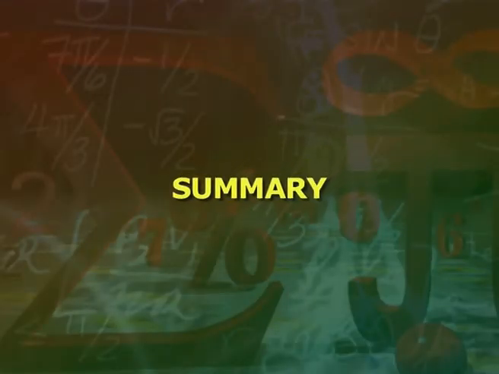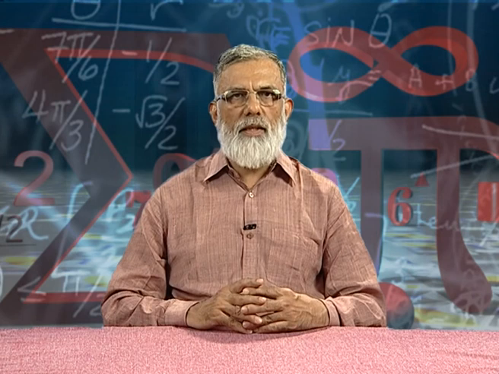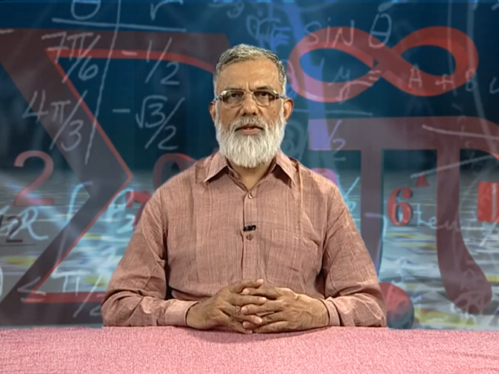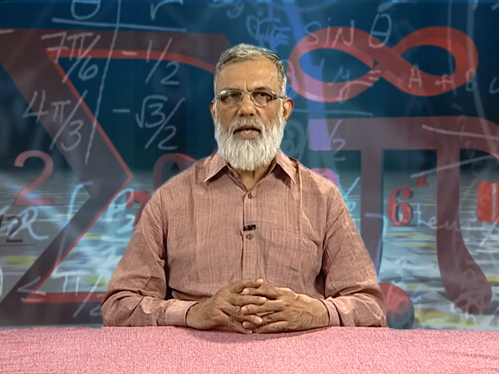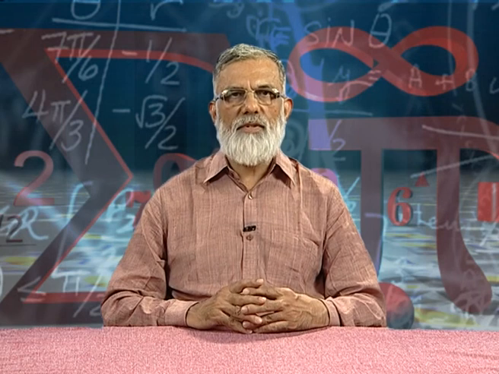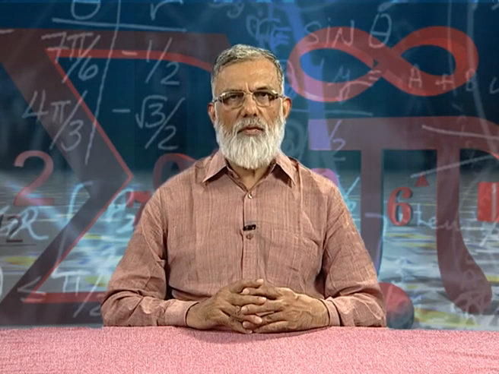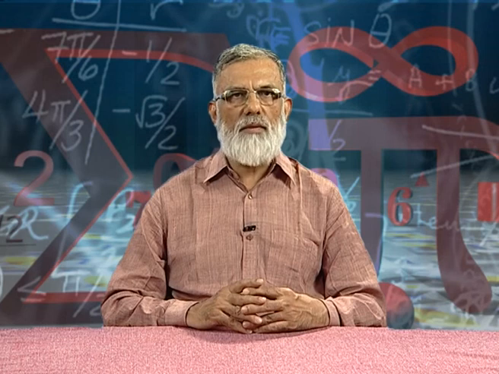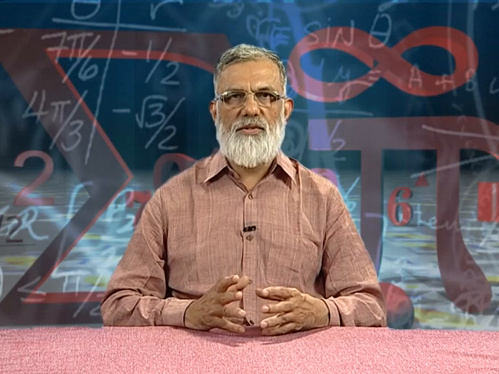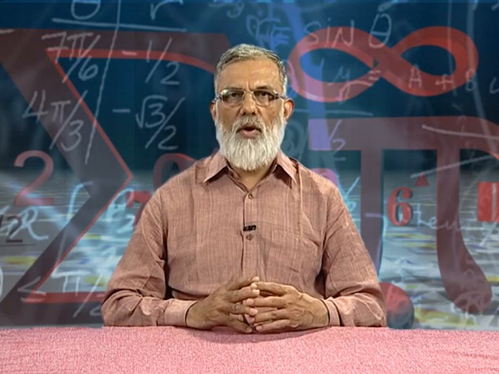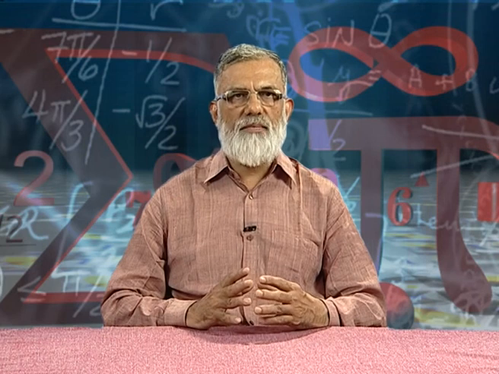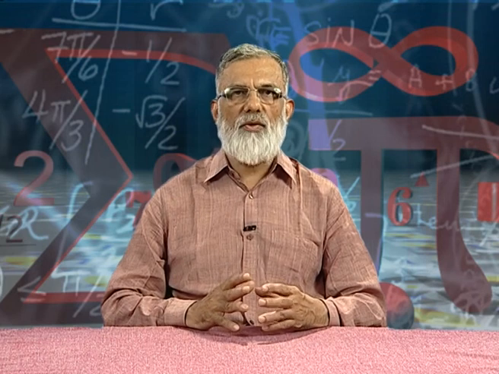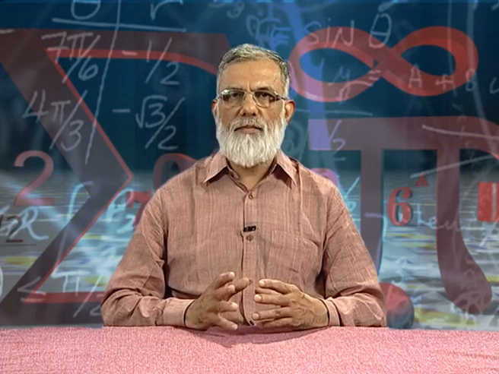Let us summarize. We here started with the definitions of addition of two elements of Rn and also of scalar multiplication. We then listed important properties of these operations, which actually form the basis of an abstract, that is, axiomatic definition of vector space or linear space.